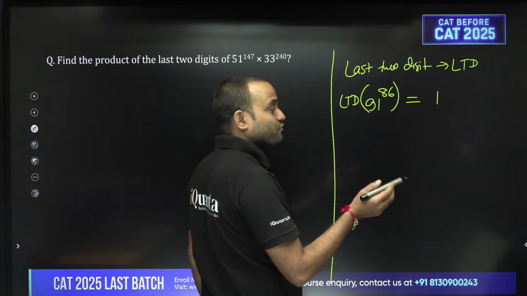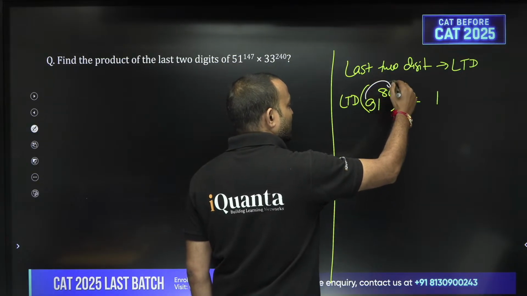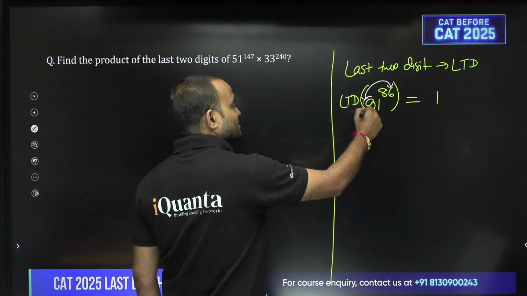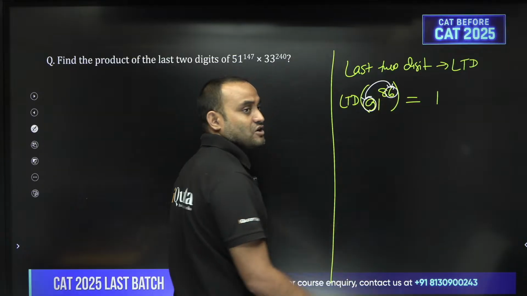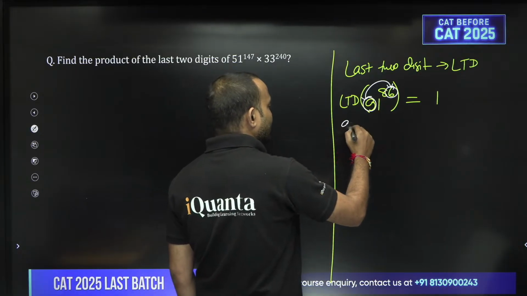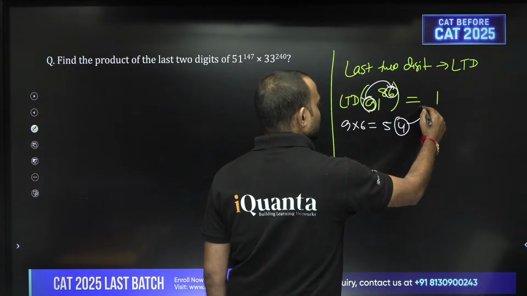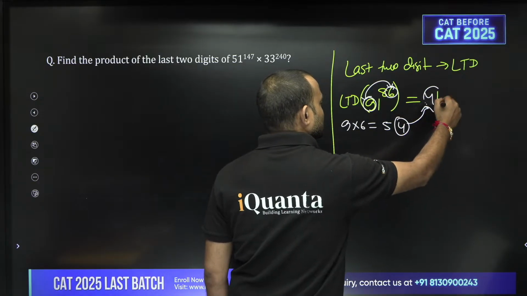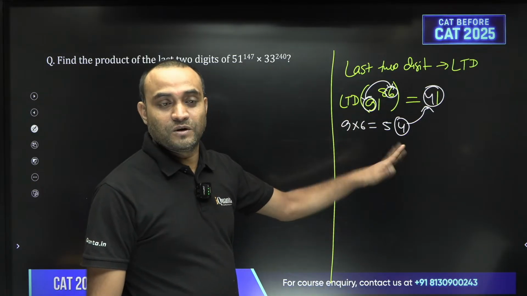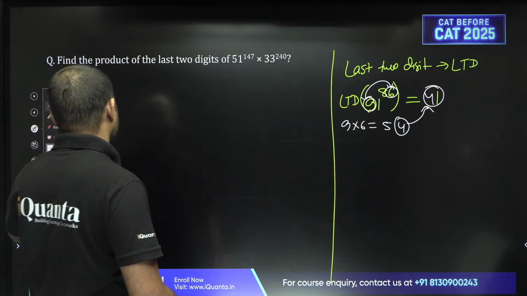Now, if you want to find the second last digit, multiply the second digit of the base and the unit digit of the power. 9 into 6 is 54. This 4 will come here. So, last two digits of this number will be 41.